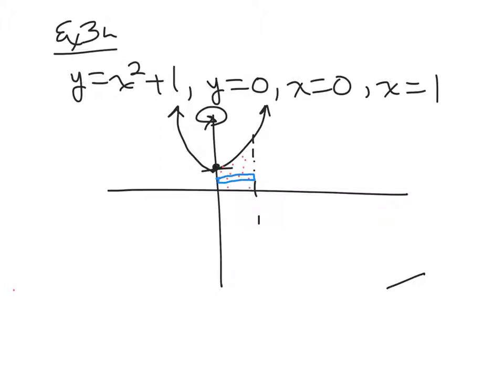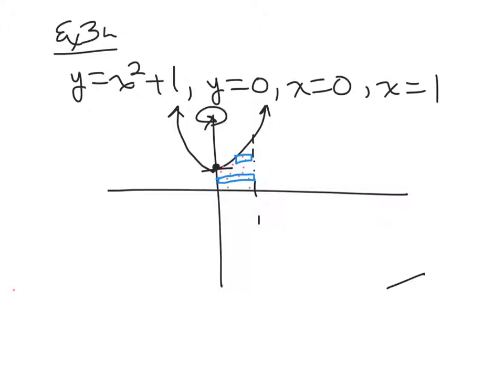And the second problem was when I drew my rectangles, this rectangle on the bottom down here, if you look at it and rotate it, there's not going to be a hole. So on that part, we'd use the disk method. But up here, there is a hole. So on that part, we had to use the washer method. And it got kind of messy.